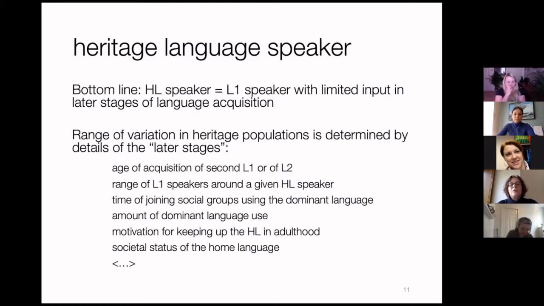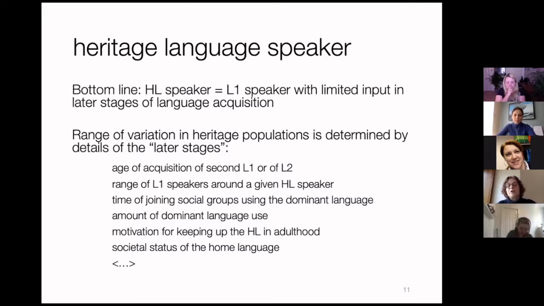We also know, as we look at heritage languages, that there is a tremendous range of variation in heritage populations, probably greater than what we find in monolingual populations. And this range of variation is determined by quite a few factors.